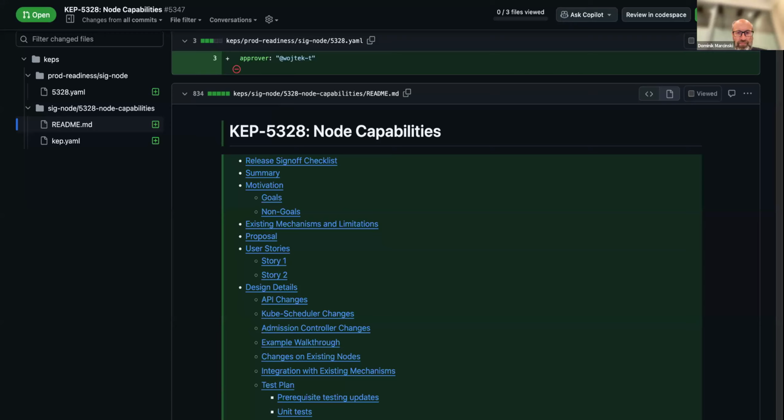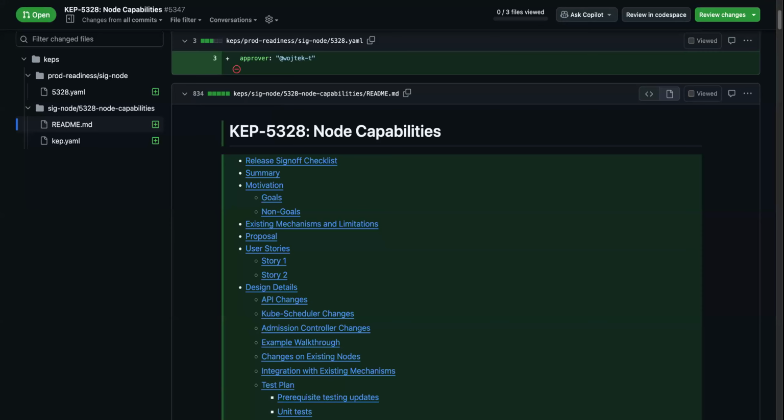Okay, cool. Hey everyone, my name is Praveen. I wanted to raise the visibility on the KEP that I've been working on, and also get some feedback from the scheduler point of view.